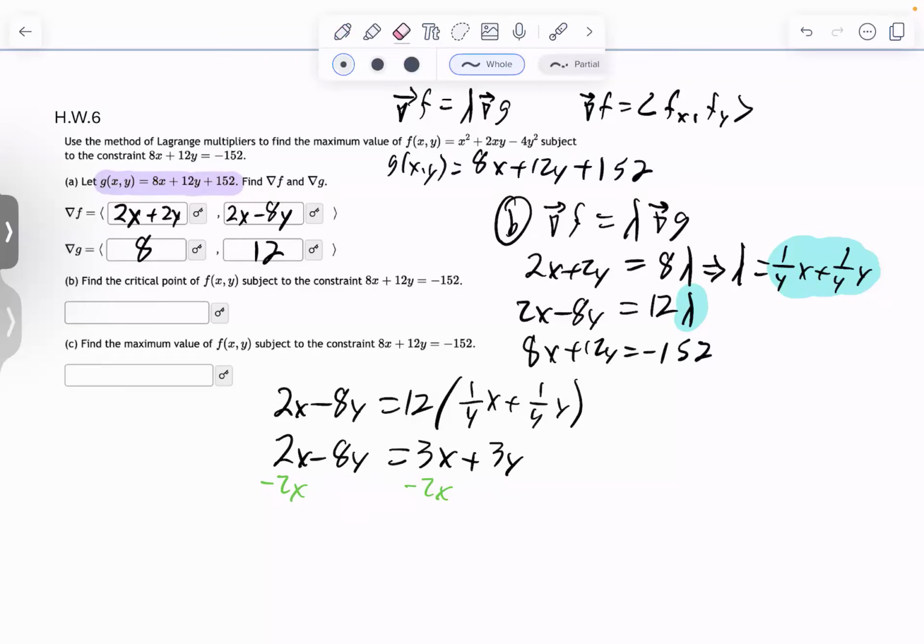I'm going to subtract a 3y, which is going to give me 3x minus 2x is just x. Negative 8y minus 3y is negative 11y. All right, I'm now going to take that and I'm going to solve my system.